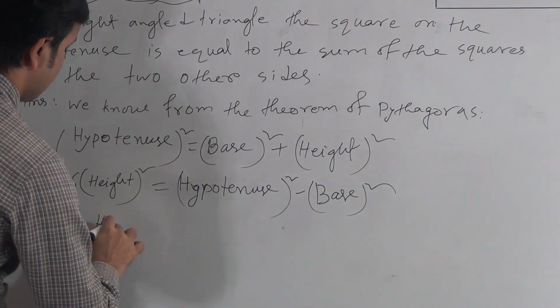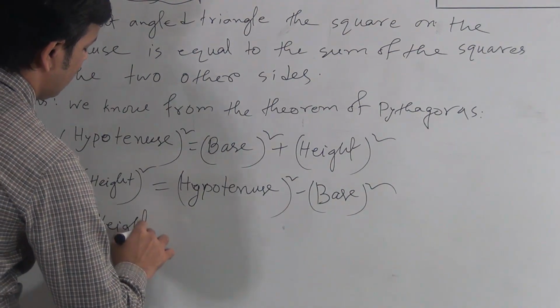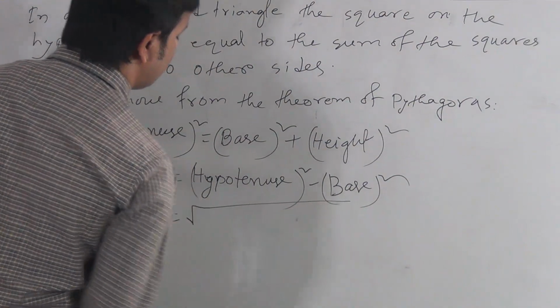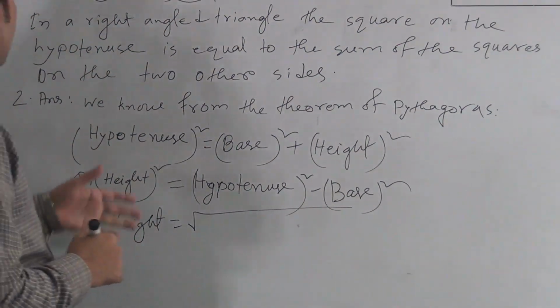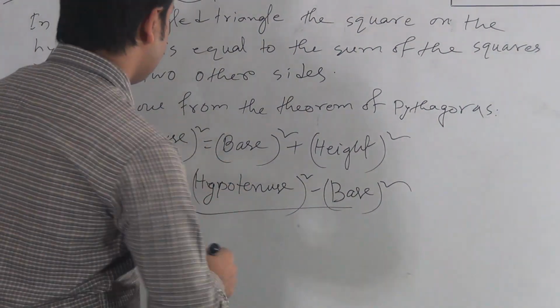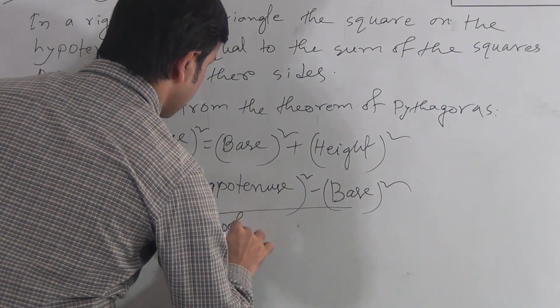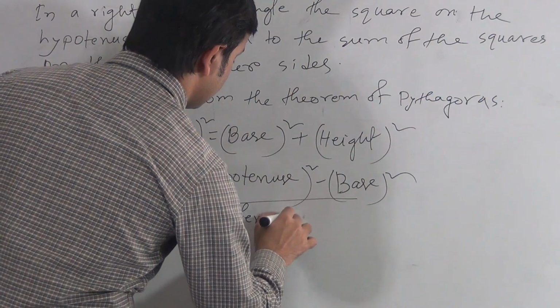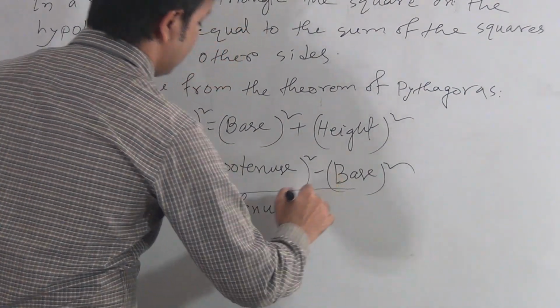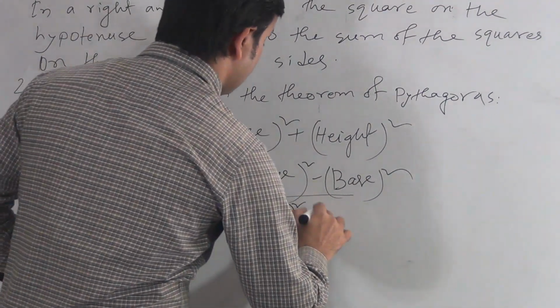Therefore height is the square root of hypotenuse square minus base square.